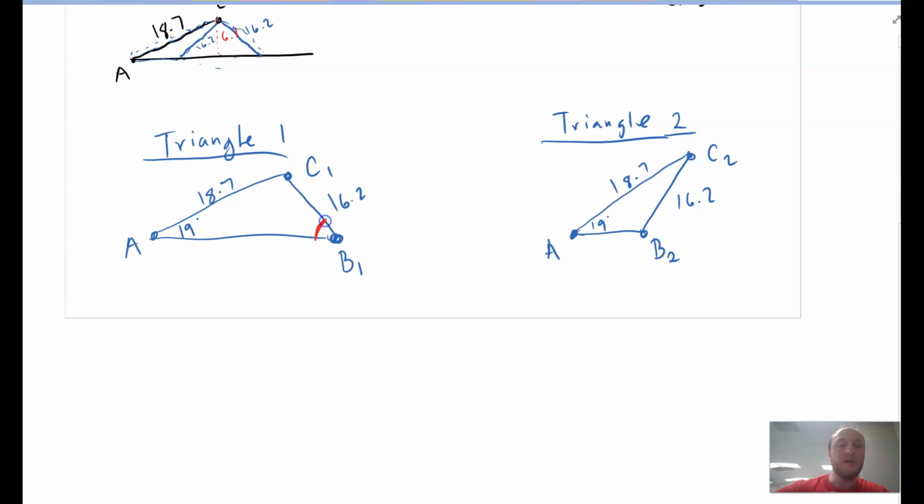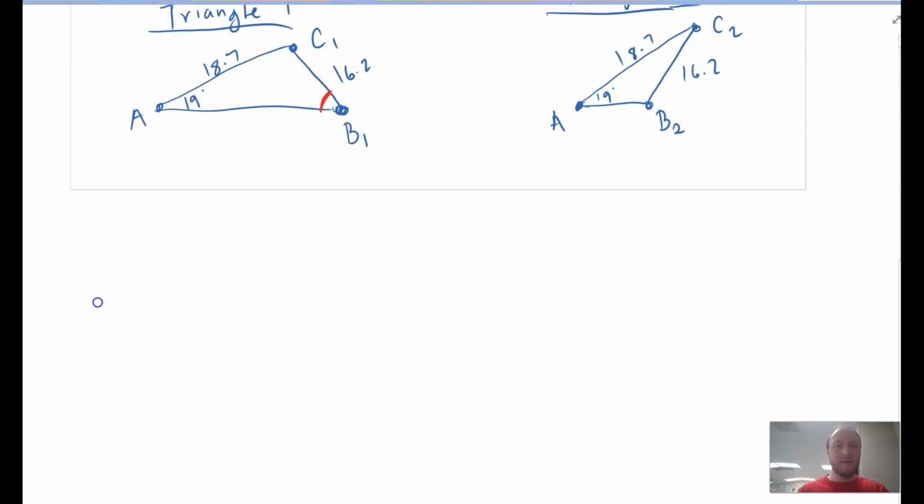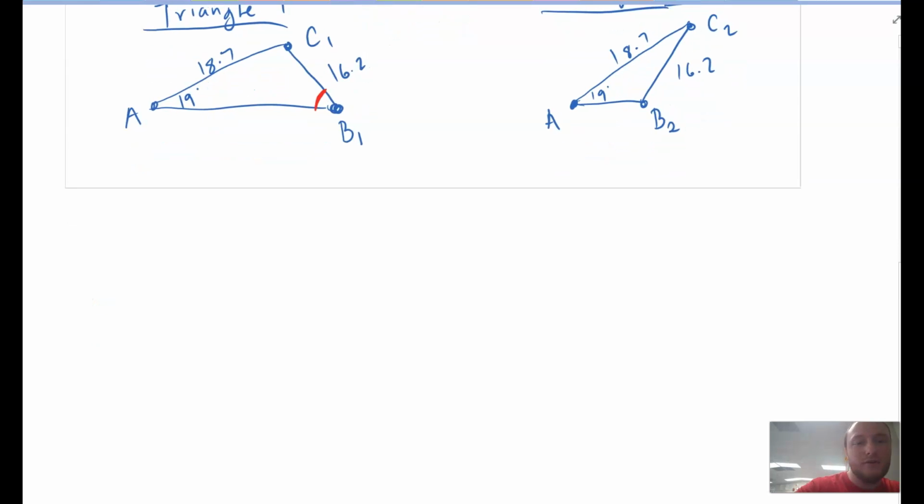To find an angle, we're going to use inverse trig, and when you do inverse trig, your calculator only spits out acute angles. Because B1 is acute, small, that's why we start with acute angle B. That's your first step here.